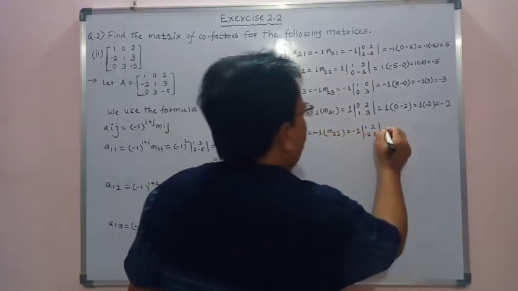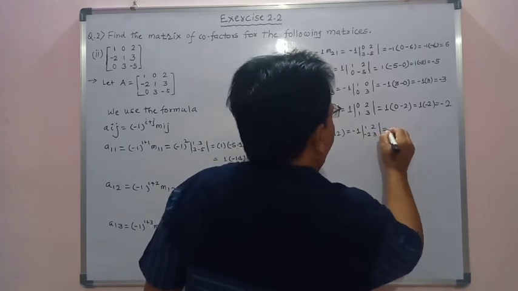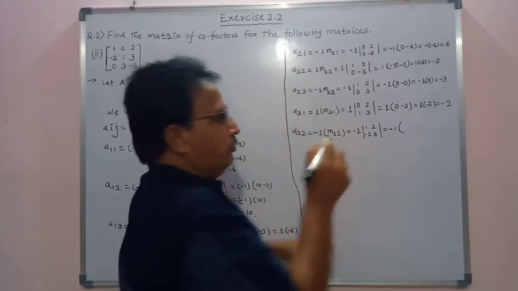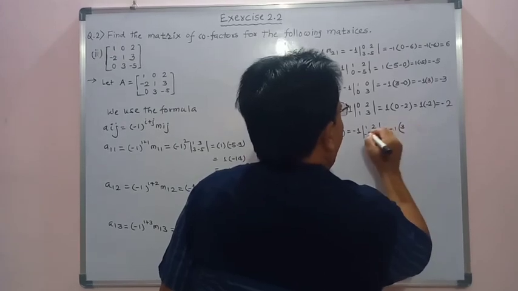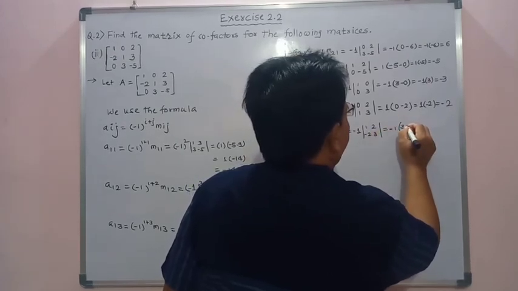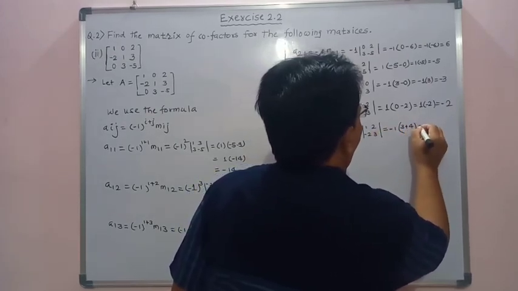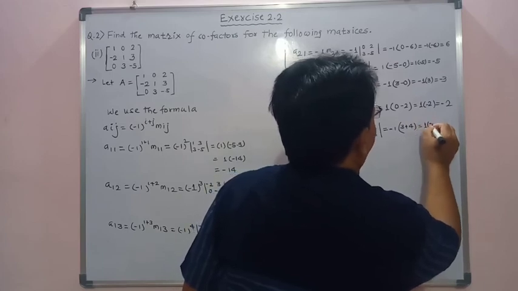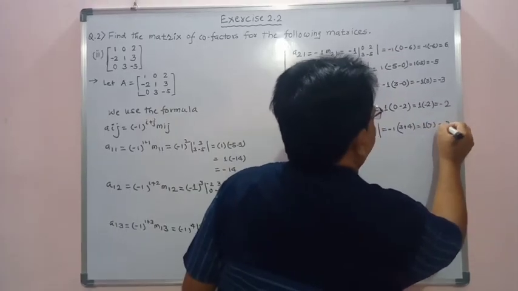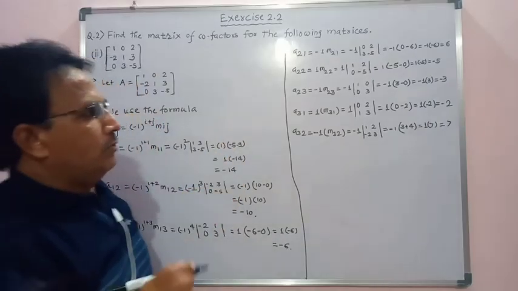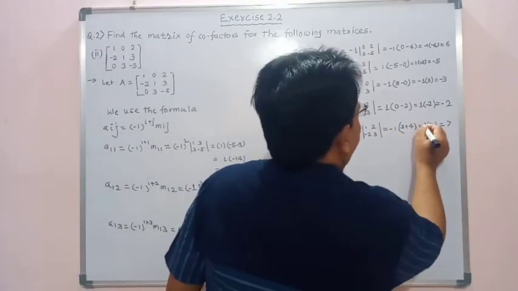Therefore, minus 1 into 1 into 3 is 3. And minus 2 into 2 is minus 4, and this minus is a plus 4. 1 into 3 plus 4 is 7. Minus 1 into 7 is minus 7.